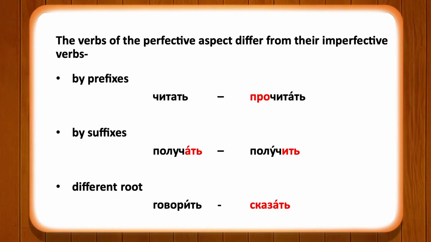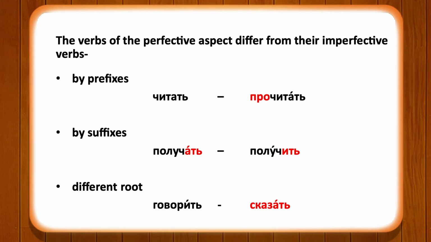So we will now understand what is the difference between sovershenny vid and nesovershenny vid, perfective as well as imperfective aspect. There are three ways by which the verbs of perfective aspect differ from their imperfective verbs. First and foremost, the verbs of the perfective aspect differ from their imperfective verbs by prefixes.